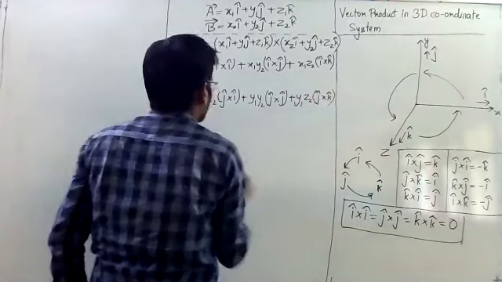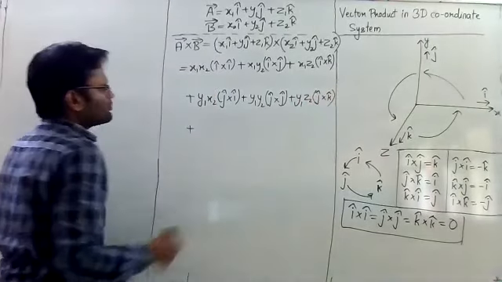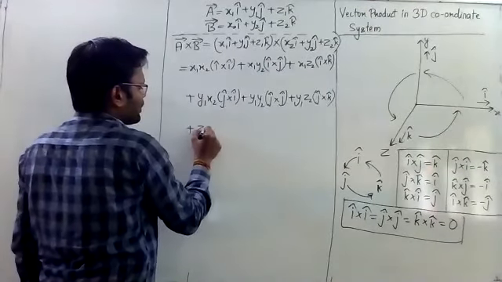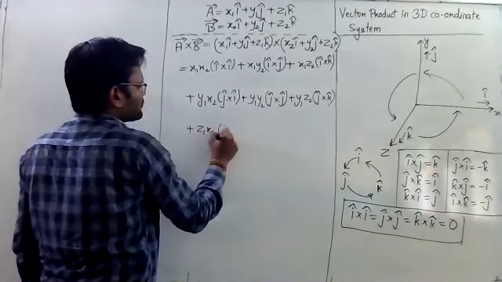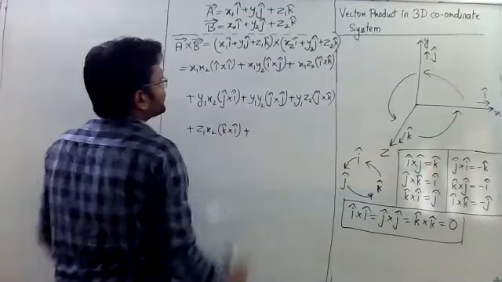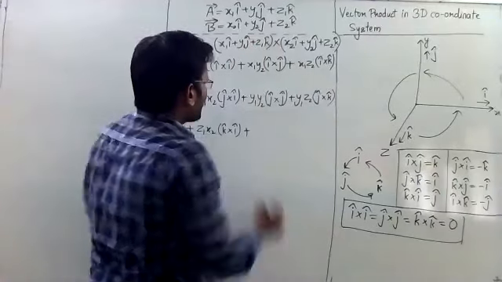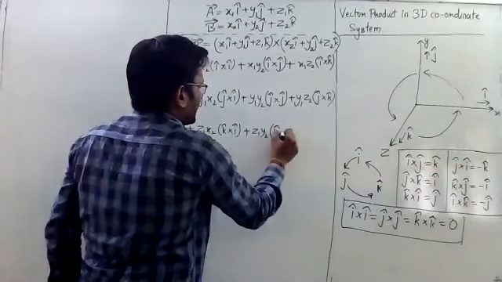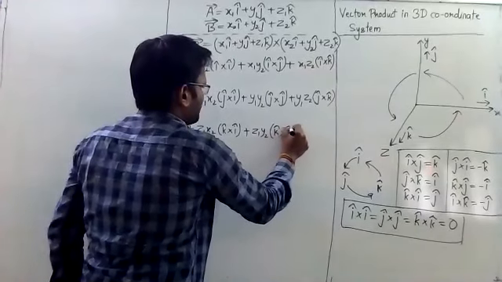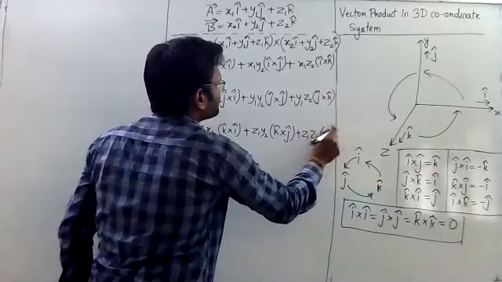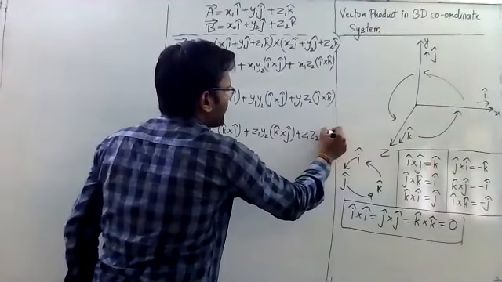Then we will be starting from z1: z1 x2 k cap cross i cap plus z1 y2 k cap cross j cap plus z1 z2 k cap cross k cap.